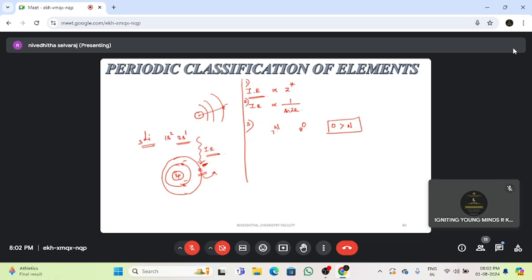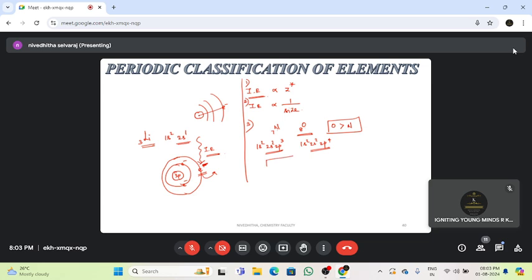Because the electronic configuration of nitrogen is 1s2, 2s2, 2p3, and the electronic configuration of oxygen is 1s2, 2s2, 2p4. Effective nuclear charge may be greater for oxygen, but the configuration here is just 2s2 and 2p4, while the configuration of nitrogen is 2s2 and 2p3.